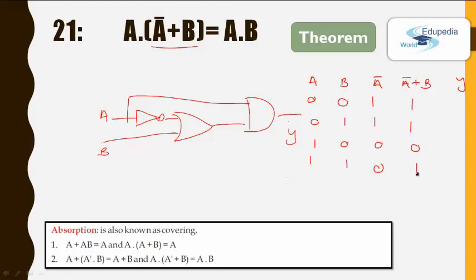And now for the output we need to use this column and this column over here, and the result is 0 AND 1 is 0, 0 AND 1 is 0, 1 AND 0 is 0, and 1 AND 1 is 1. So the output is something like this for the left hand side.